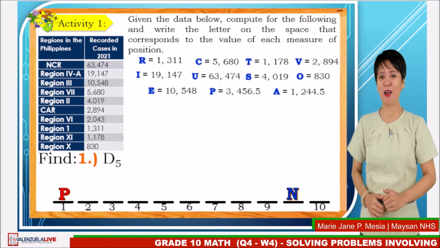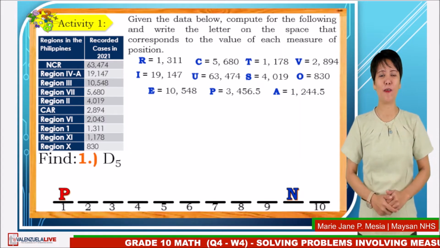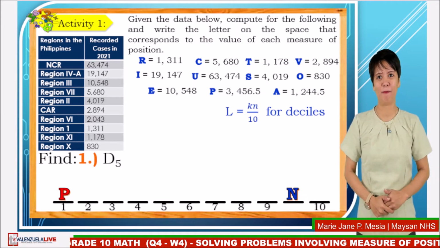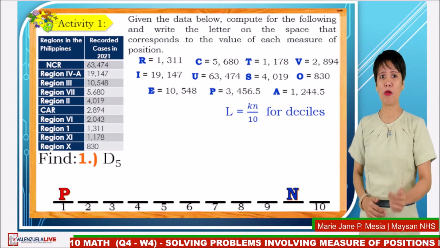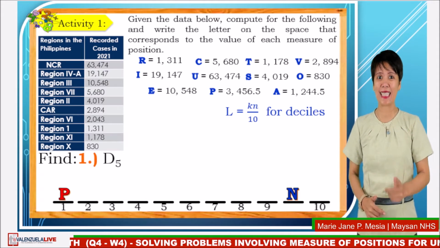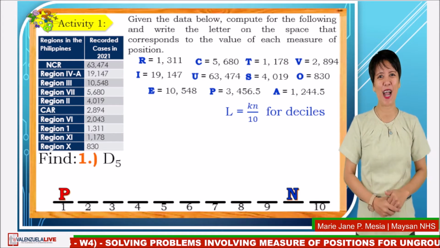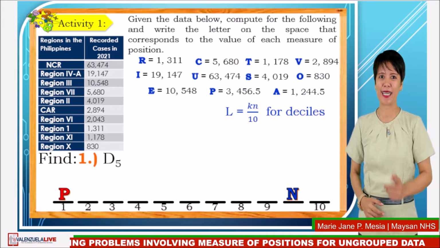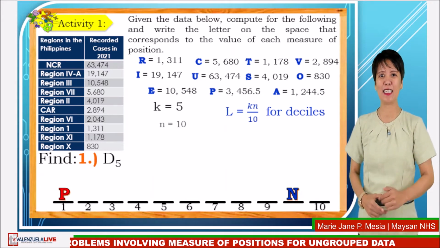To find D sub 5, use the locator formula L is equal to Kn divided by 10. The denominator to be used in the locator formula is 10, since deciles divide the whole distribution into 10 equal parts, where K is equal to 5, N is equal to 10.